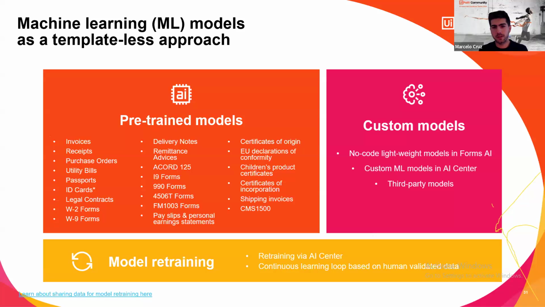They really understand what's on the document, like us when we look at a document, and that's how they work. Currently, we have many pre-trained models available out of the box on UiPath, such as for invoices, receipts, purchase orders, passports, and much more.